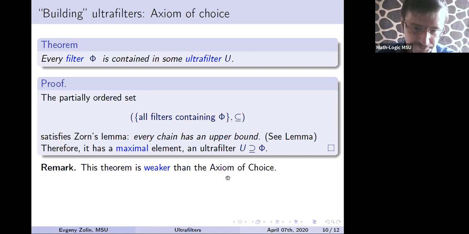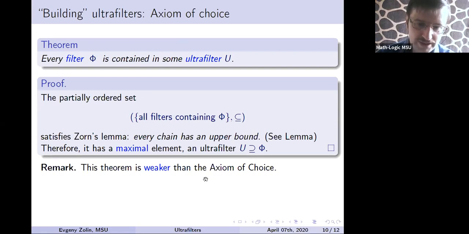It is weaker. And there is a number of other statements in algebra, in the theory of Boolean algebras, in the theory of rings that are equivalent to this theorem. So like for the axiom of choice, we have several propositions that are equivalent to the axiom of choice. Here we have several theorems in various branches of mathematics that are equivalent to this theorem, and they are weaker.